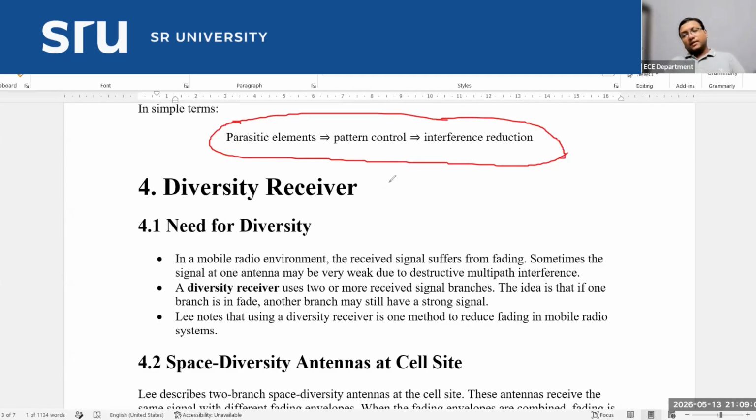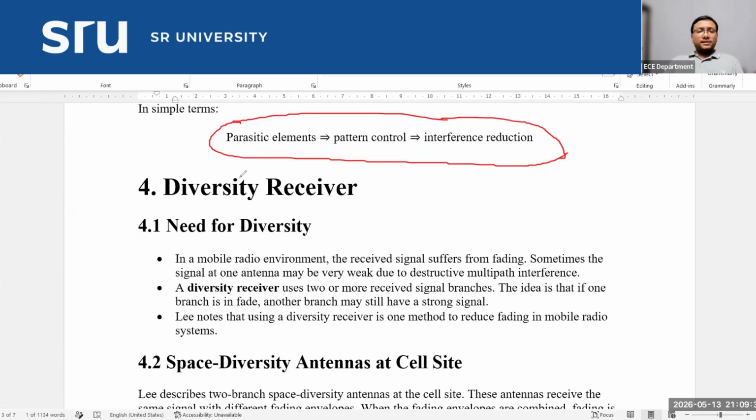So this was all about reducing interference by shaping the antenna beam, by creating nulls in the positions of the surrounding cells where the chances of interference are very high. So we can direct the beam toward the desired cell only.